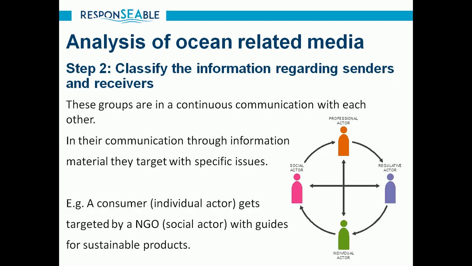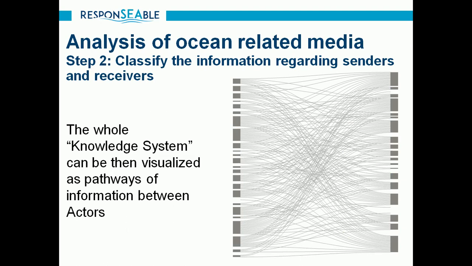These 4 groups are in continuous communication with each other, and in their communication through different information material, they target specific issues. For example, a consumer, which is an individual actor, can be targeted by an NGO, which is a social actor, with guides for sustainable products.